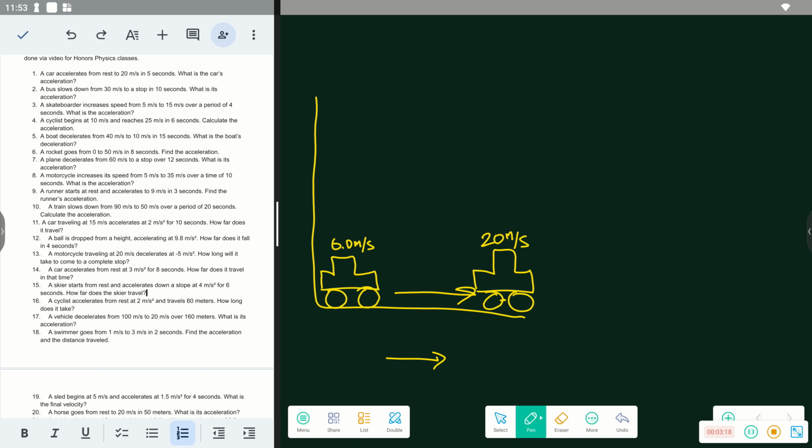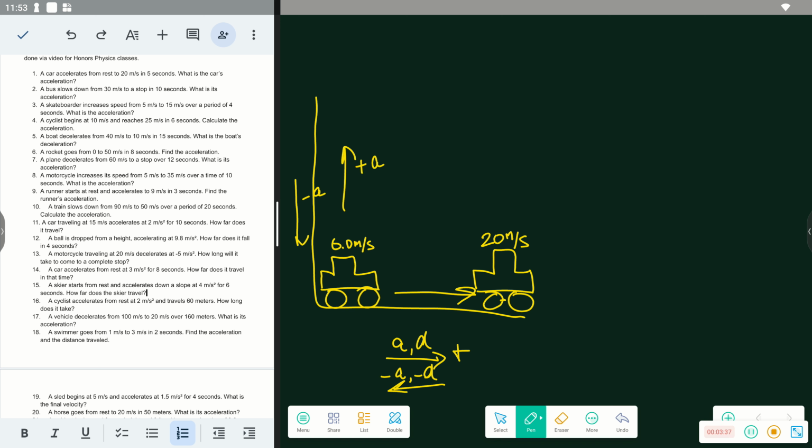Okay. This way is positive acceleration and displacement. This way would be negative acceleration, negative displacement. If it's going upward, it would be positive acceleration. Going downward, it'd be negative acceleration.